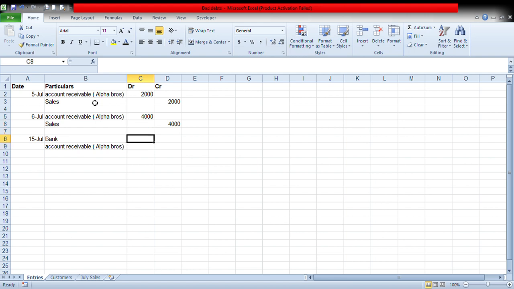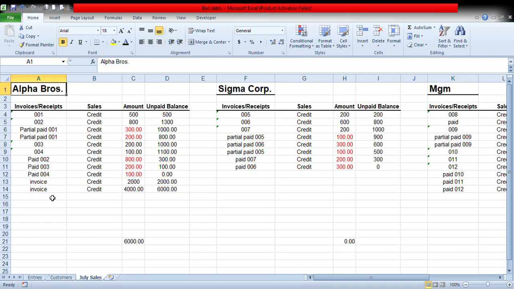He paid me 1000, sorry, of this invoice of 5 July. So I record the partial payment. How will I record it? Partial paid, credit sales.